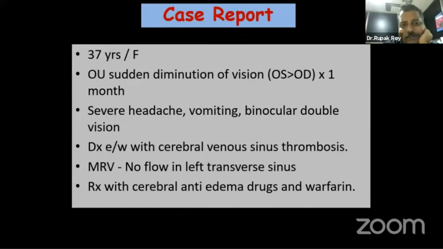Now, this is a 37-year-old female with sudden dimness of vision for one month, severe headache, vomiting, and binocular double vision, diagnosed elsewhere with cerebral venous thrombosis. MRV showed no flow in the left transverse sinus. She was treated with cerebral anti-edema drugs and warfarin.